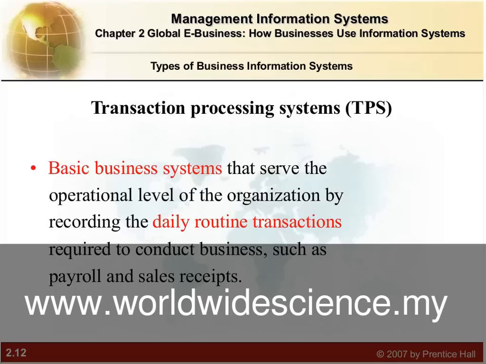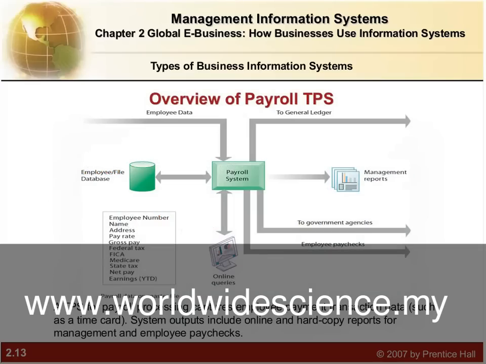We have employee data here, and we have the employee files database, and the payroll system provides some management reports, some online queries, or some reports for government agencies, and deals with employee paychecks.